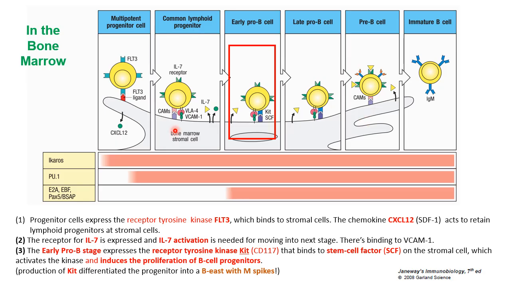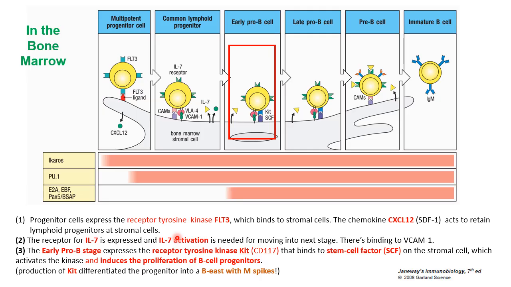And the stromal cell is presenting certain ligands to receptors on your developing cell, right? And the presence of those interactions, and also the presence of certain cytokines that are produced by your stromal cells, those are the signals that are going to tell your B cell to become a B cell and differentiate. And we have seen some of those before, right?